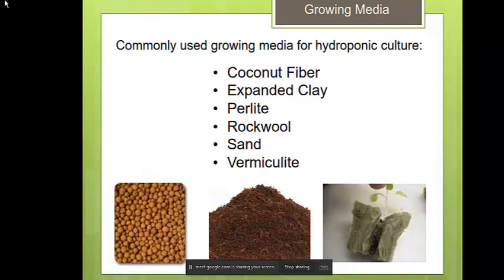Who will tell me? What is the drawback of coconut fiber? The biggest problem is that it is very salty.